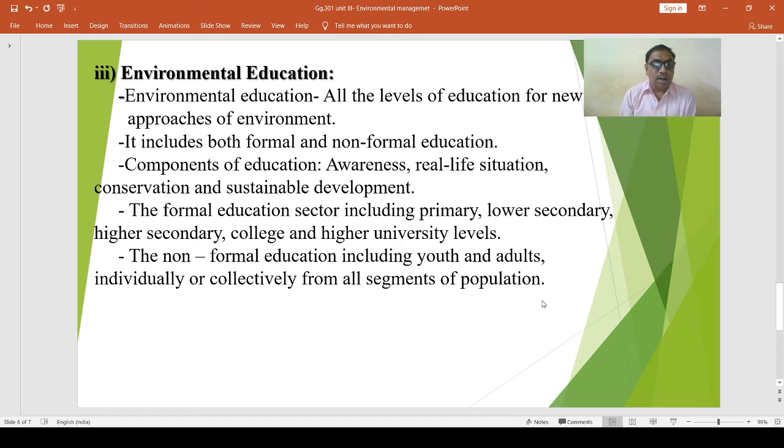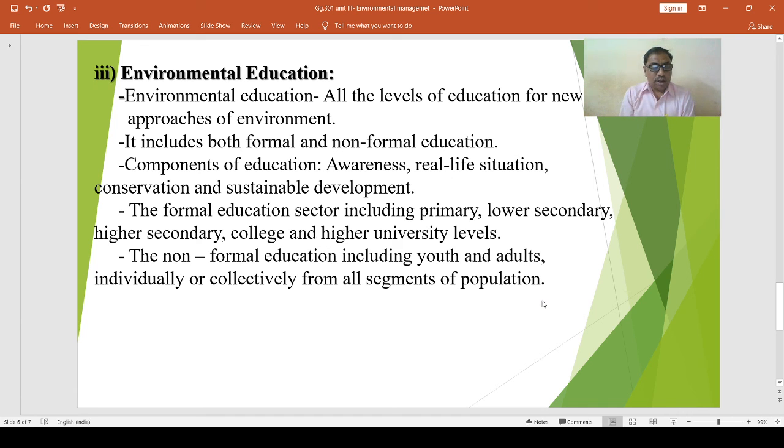There are several government and non-government organizations to educate people and to generate awareness towards the environment. Environmental education increases public awareness and knowledge of environmental issues and challenges.